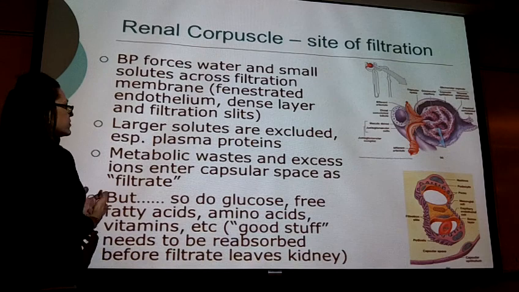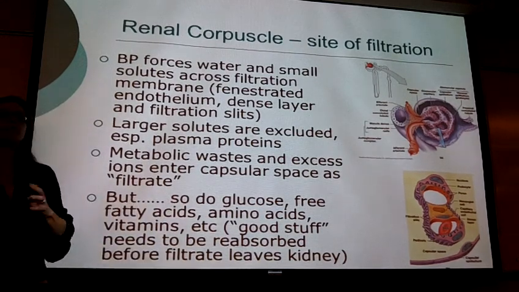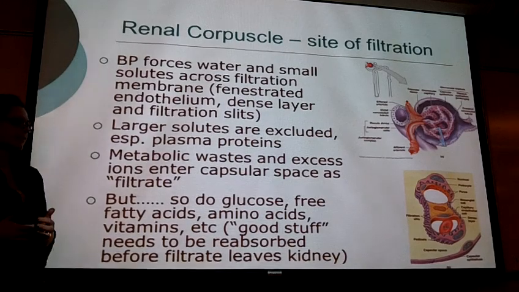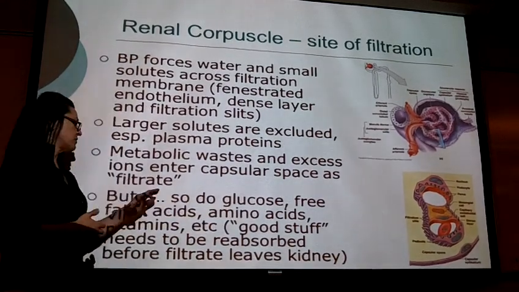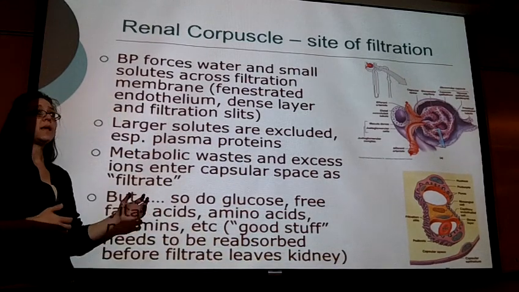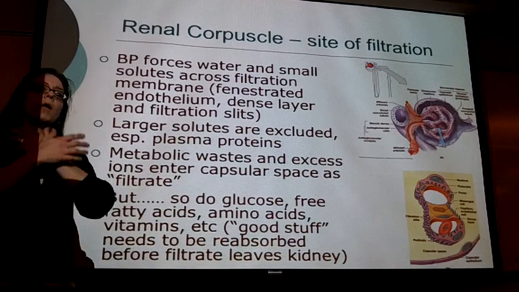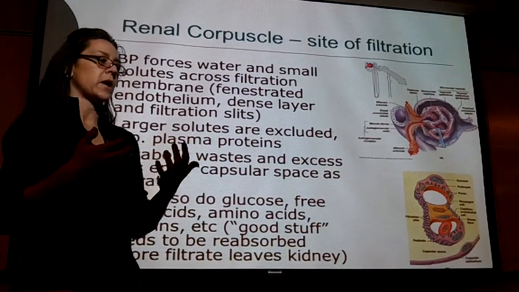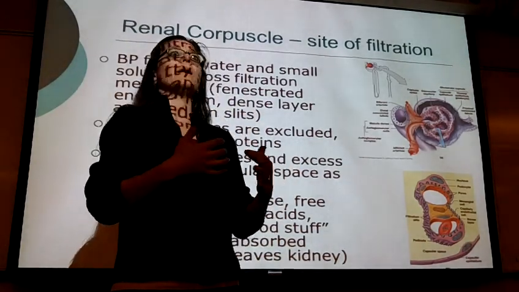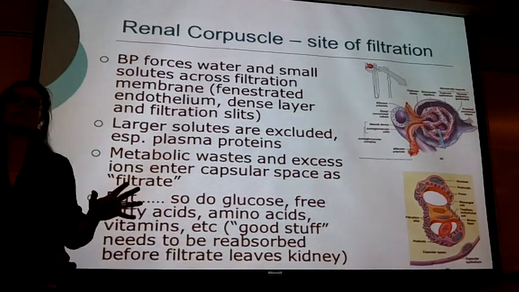The problem is we're also getting a lot of things that we don't want to get rid of coming out and ending up in that filtrate, like glucose, like fatty acids, like amino acids, and some ions. Things that we actually want to keep because we spent all this time in the digestive tract breaking material down to get all these great nutrients. So we don't want to get rid of them.